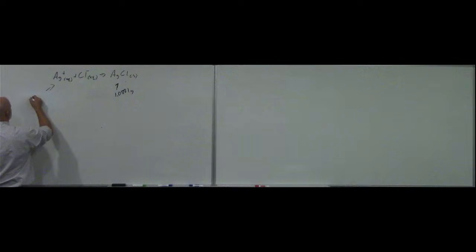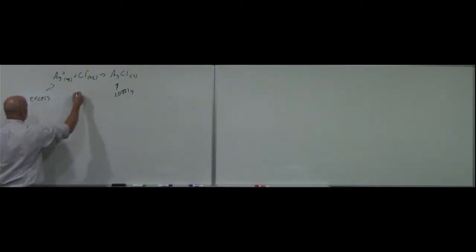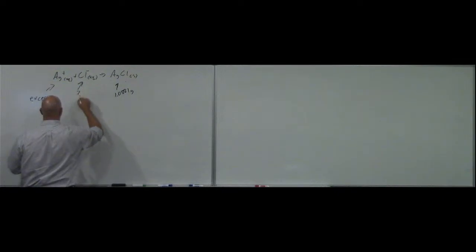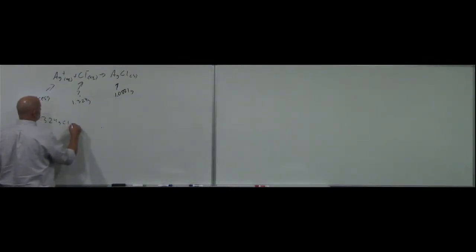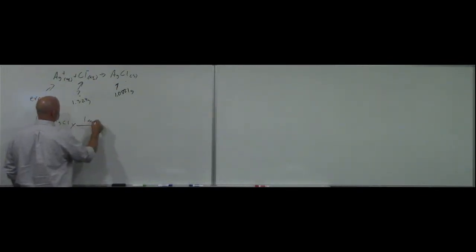So we have all of this we can handle. This is in excess. This we don't know, right? But we do know that we're starting with 1.1324 grams, okay? All right. So what we can do is begin with, well, what should we yield, right? So if I've got 1.1324 grams of Cl, I multiply that by my formula mass, so grams of Cl over 1 mole of Cl.